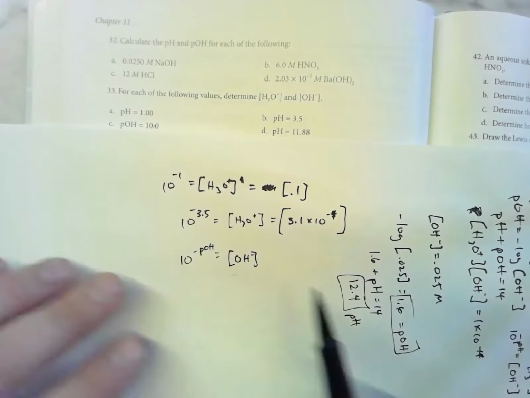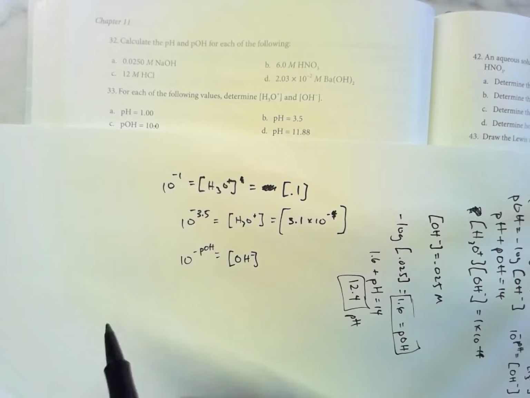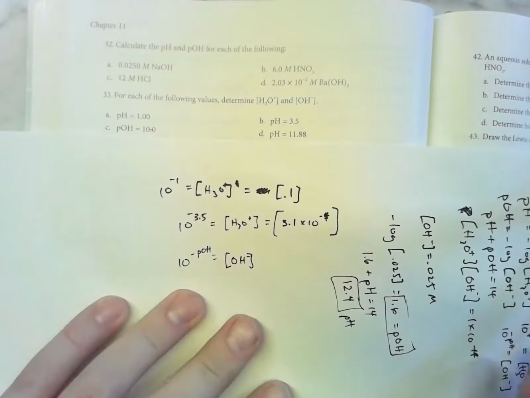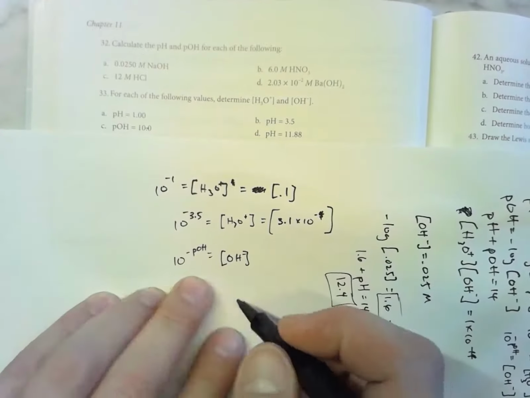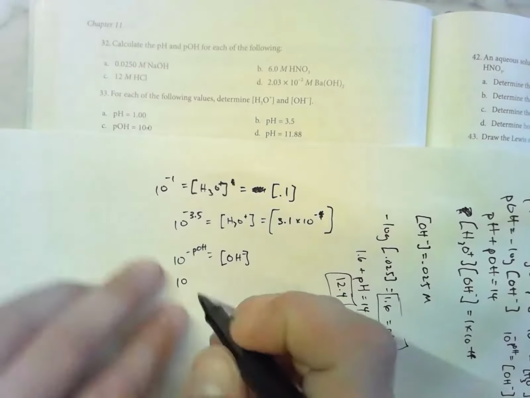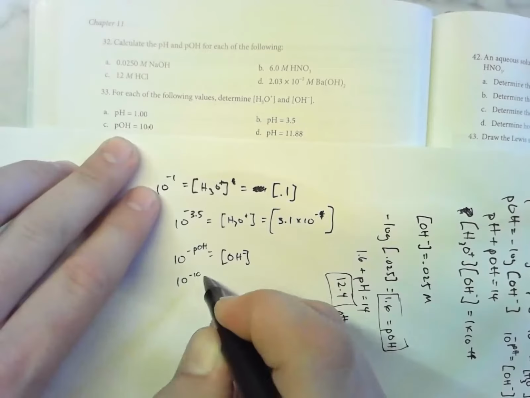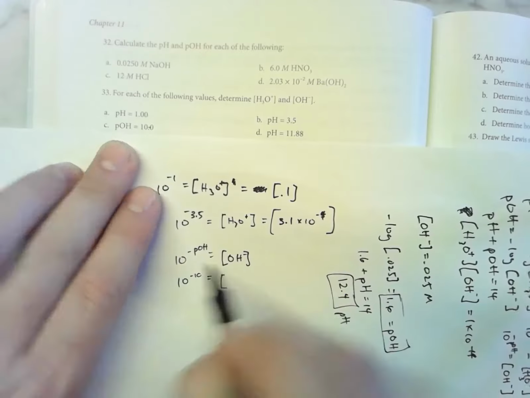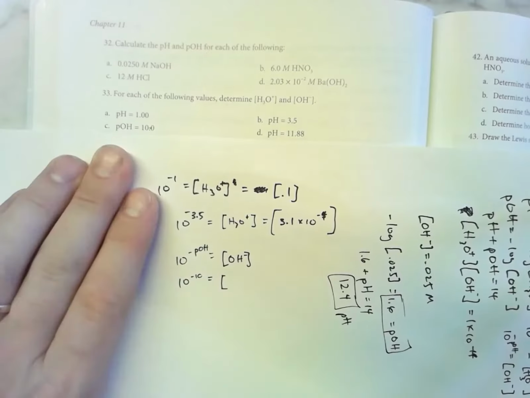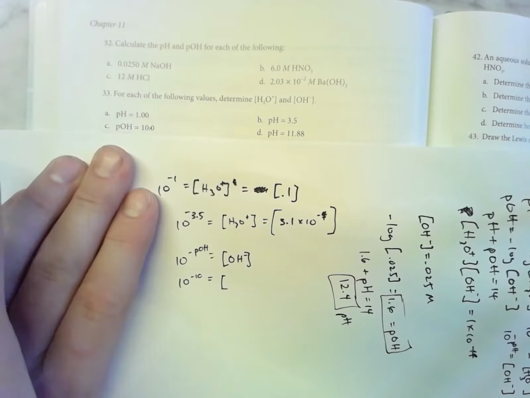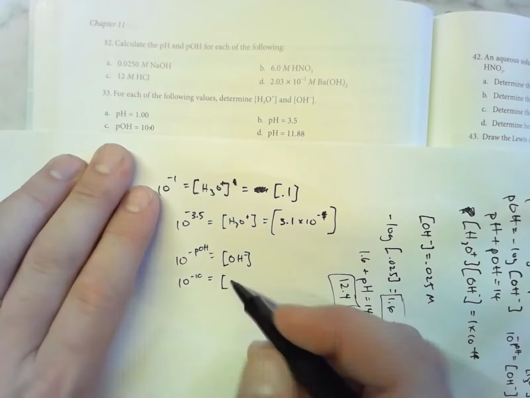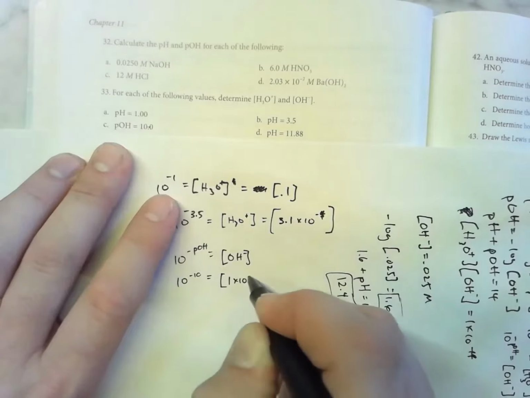Okay, I'll actually do the whole problem on this one. It's asking you to get both of those. So what do we got? 10 to the negative 10th is equal to 1 times 10 to the negative 10th, duh.